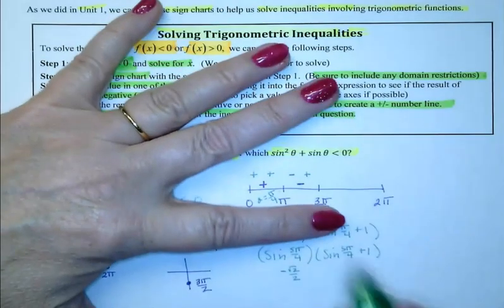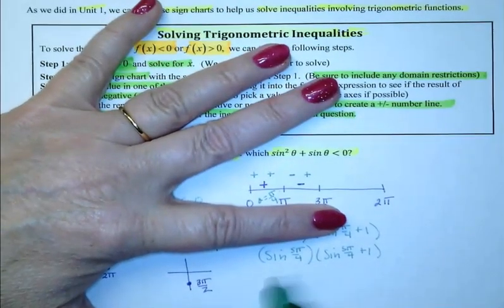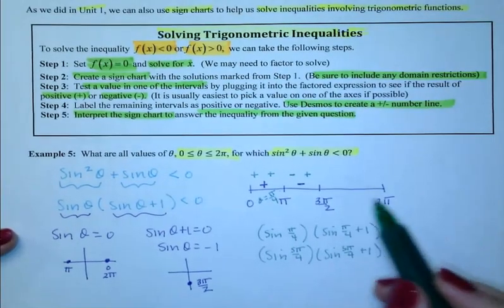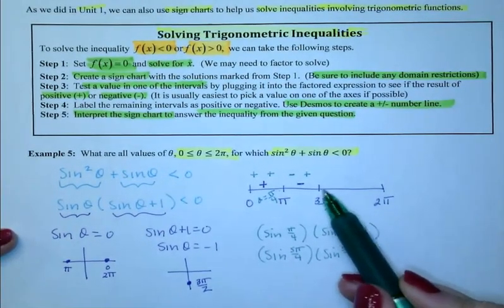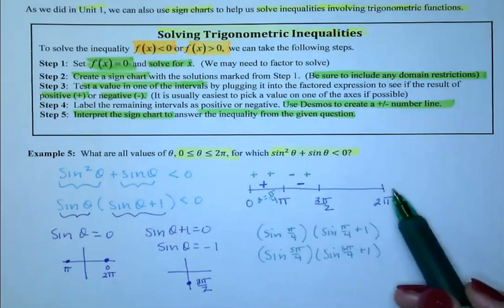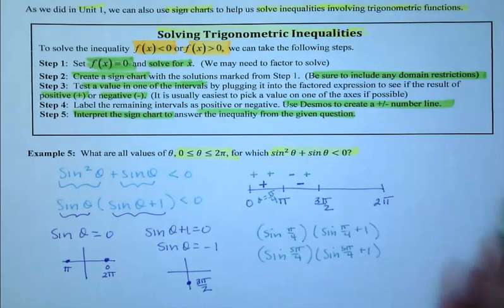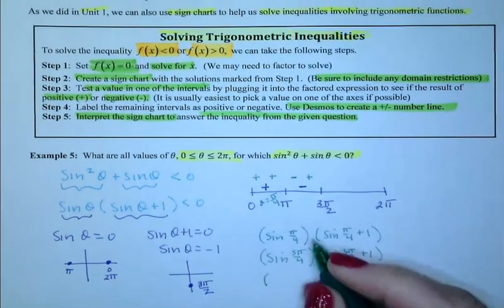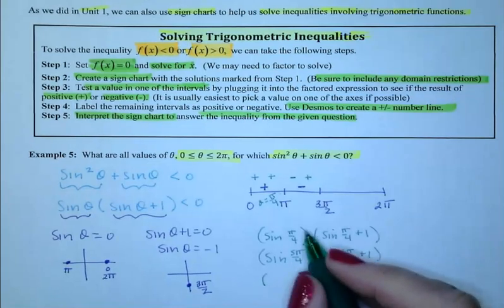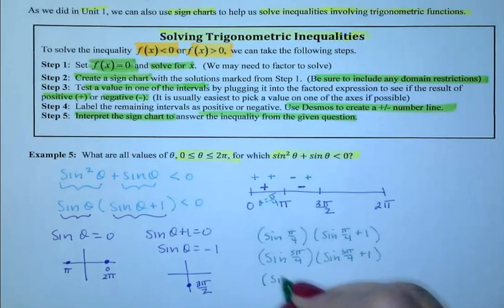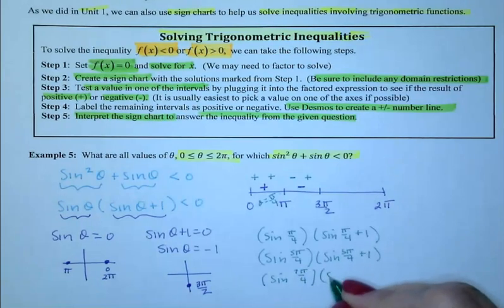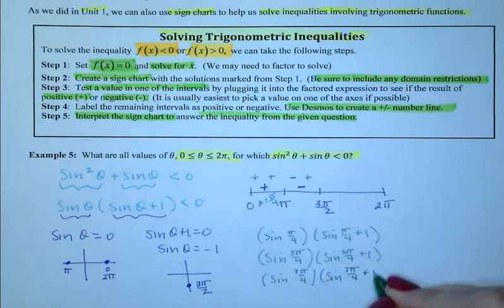All right, so let's go on to the next one. And so now I'm looking for a nice number between 3 pi over 2 and 2 pi. And so my pi over 4 number that I would use here is 7 pi over 4. So I'm going to say sine of 7 pi over 4. And then I have sine of 7 pi over 4 plus 1.